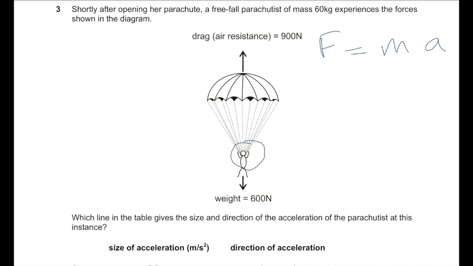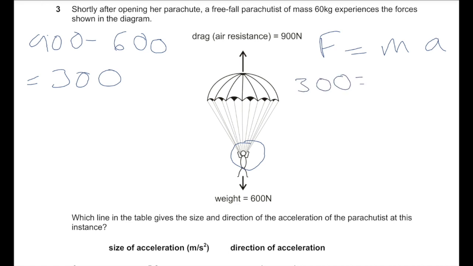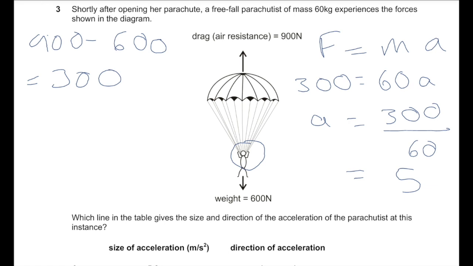So that would be 900 minus 600, which is equal to 300. So we have an overall net force of 300 newtons. And it says the parachutist's mass is 60 kilos, and a is what we're going to solve for, the acceleration. So a is equal to 300 over 60, which is equal to 5.